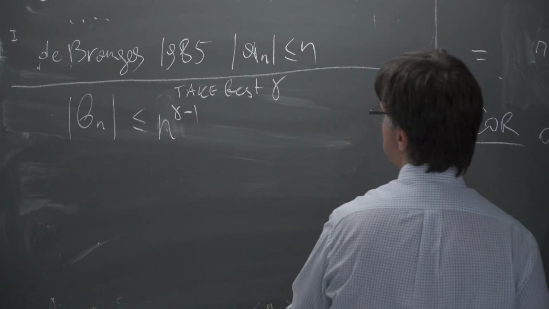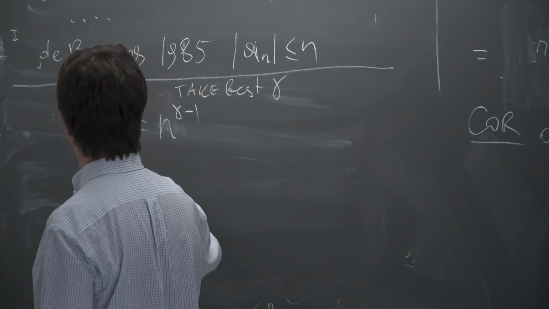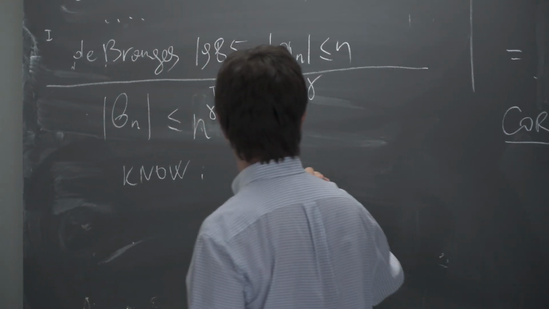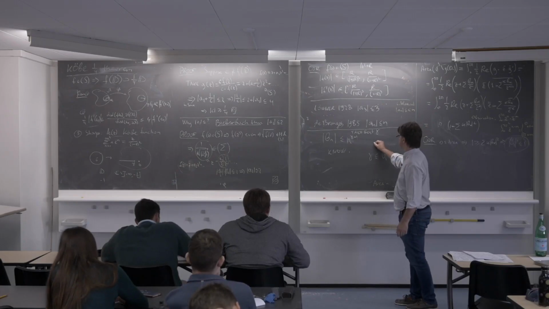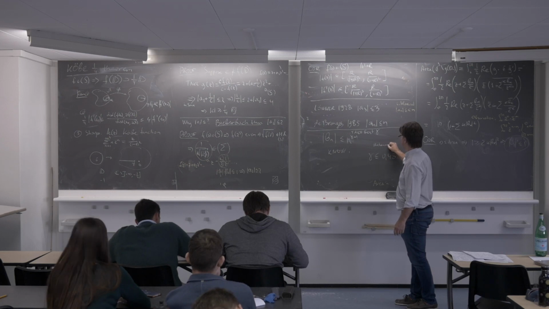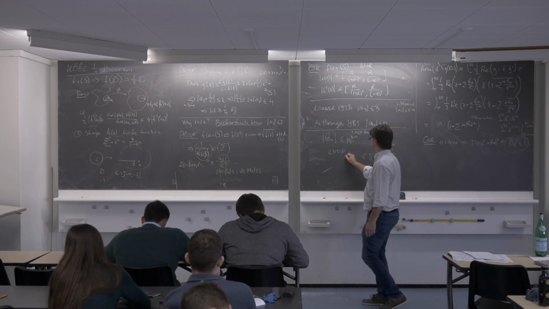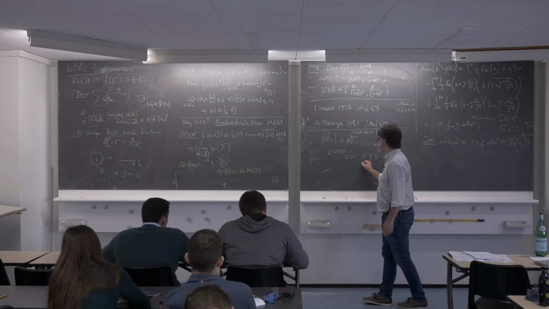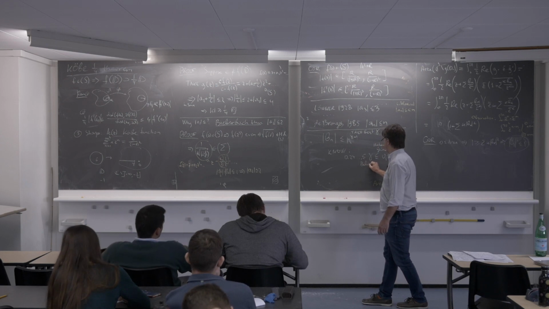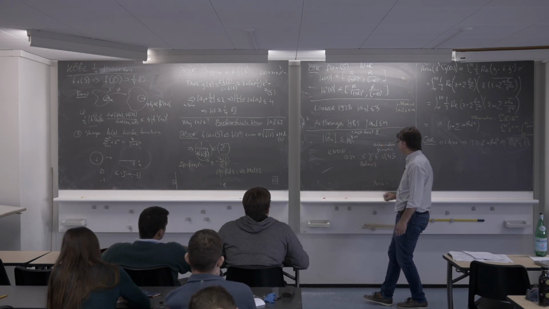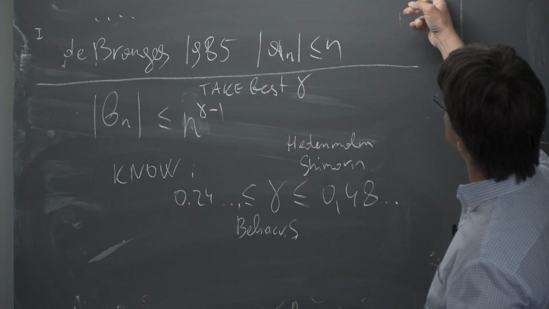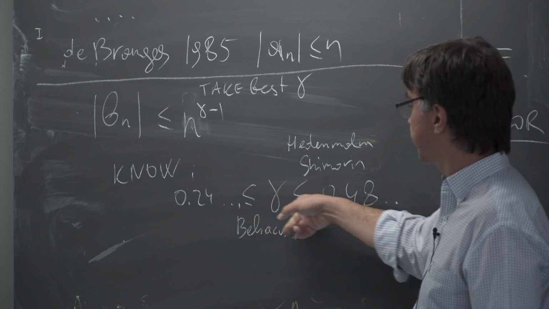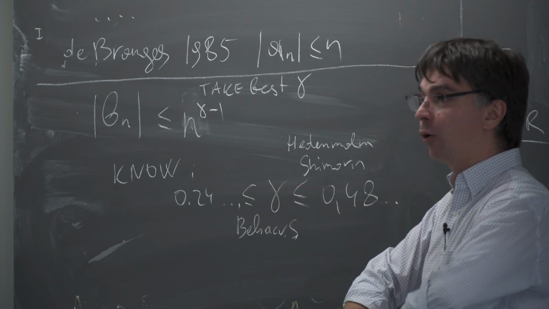The best thing we know today is that gamma is at most 0.48, and that's Hedenmalm and Shimorin in Stockholm, and at least 0.24. That's my student, who is now in Oxford, and myself. And that's really mysterious, because here the growth rate was done by Littlewood with a constant long ago, and here it's very widely open.